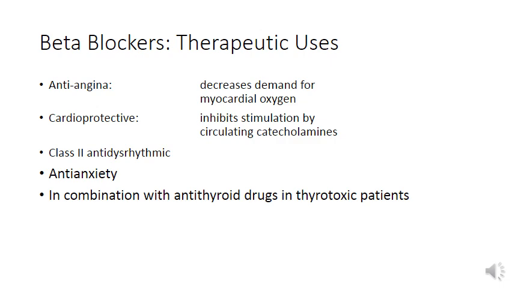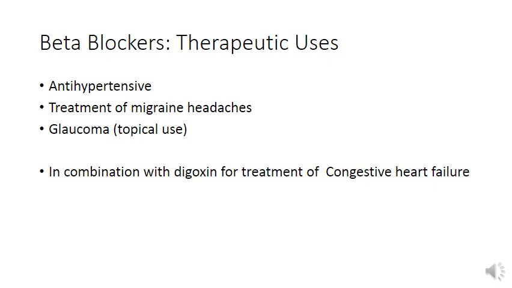So what are the therapeutic uses of beta blockers? Anti-anginal, antihypertensive on the cardiovascular system, and also class 2 antiarrhythmic. Also anti-anxiety, and in combination with antithyroid drugs in thyrotoxic patients, because in these patients the receptors are super sensitive to catecholamines, so beta blockers must be given to prevent MI, myocardial infarction.